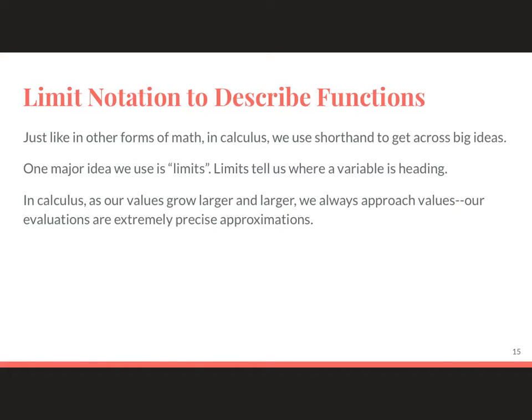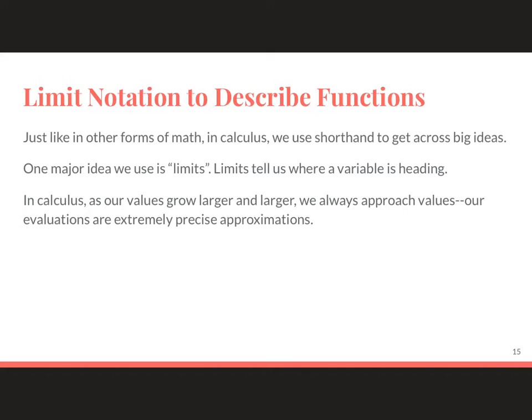So whenever we talk about end behavior in functions, or just behavior in functions, we talk about it through something called limit notation. Just like in other forms of math, in calculus we use shorthand to get across big ideas. And one major idea we use is limits. Limits tell us where a variable's heading, right? In calculus, as our variables grow larger and larger, we always approach values.